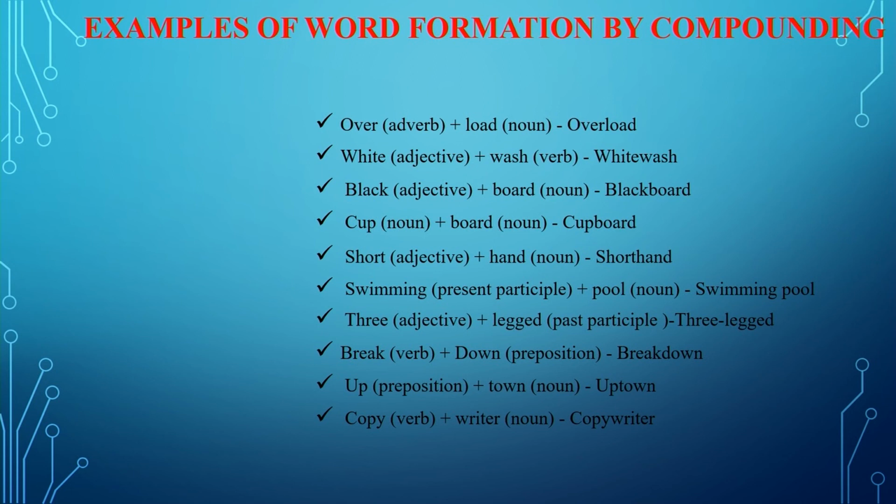Break is a verb plus down is a preposition, and these two join together and give breakdown. Up is a preposition and town is a noun, and these two join together and give you uptown. Copy is a verb, writer is a noun, and we have copywriter joined together.